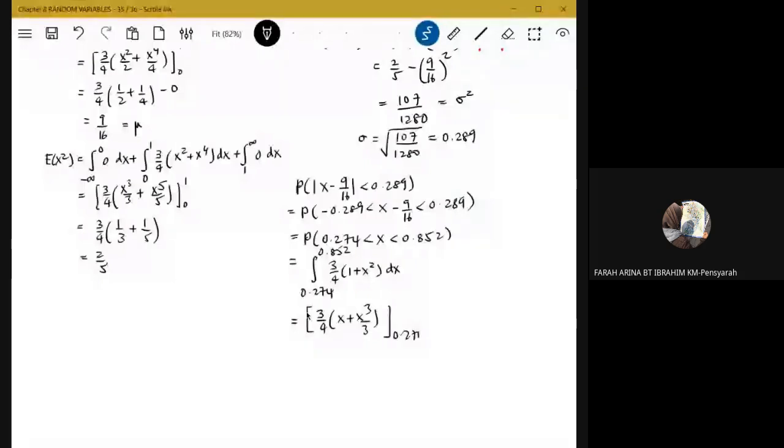So substitute. So substitution value mesti tunjuk. Dia sama konsep dengan integration. So we have cube over 3 minus 0.274 plus 0.274 cube over 3. So kita dapat berapa je?